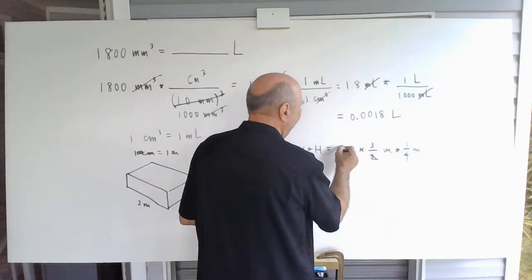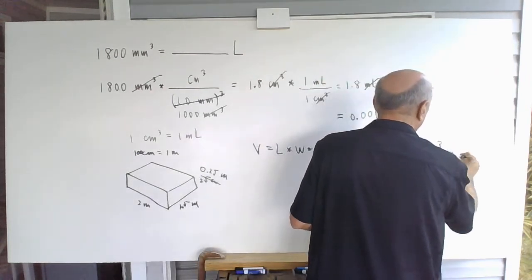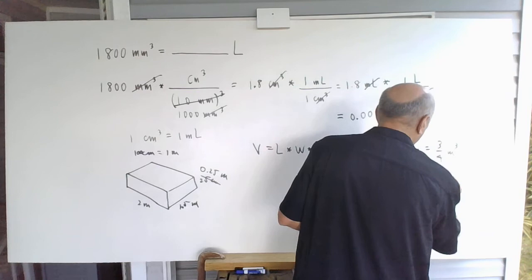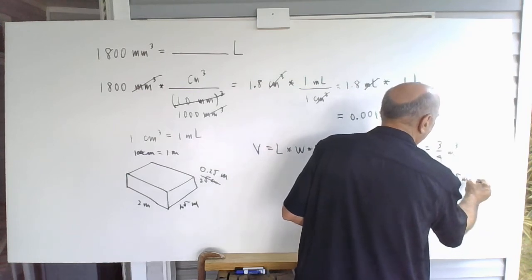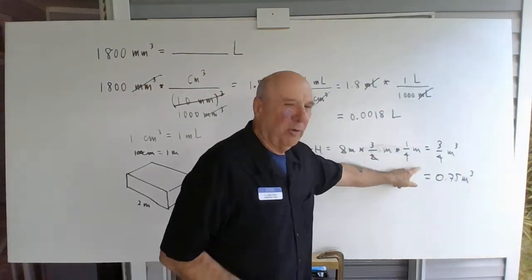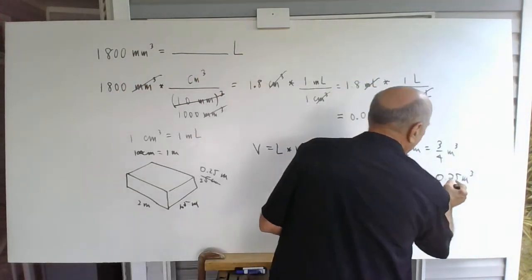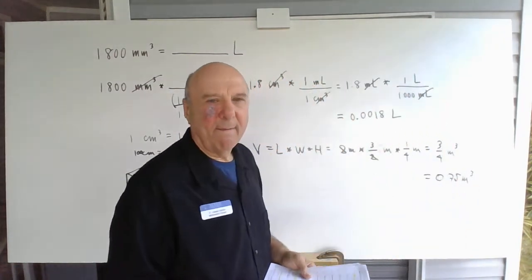So the 2's cancel, and I get 3/4. So that's 3/4 meters cubed, or 0.75 meters cubed if you want to change it to a decimal. Okay?